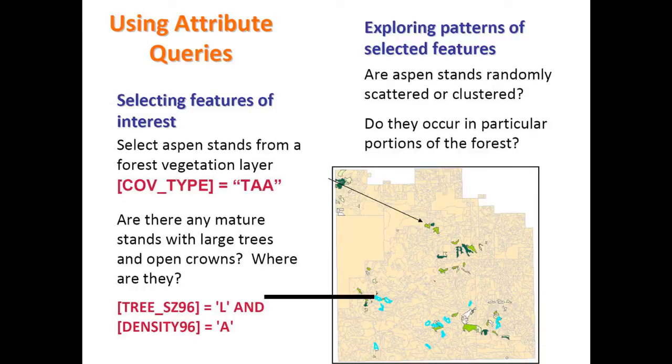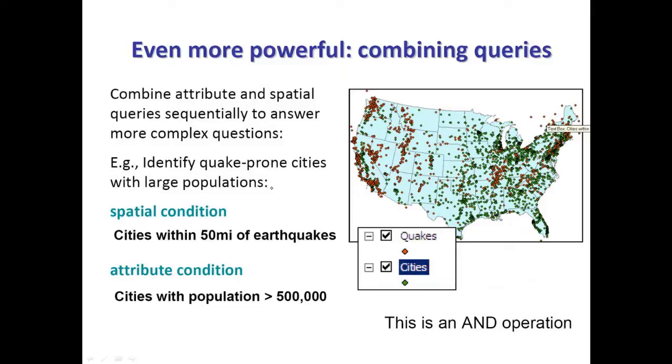It's going to pop up and show us all of those features in our map. We can add multiple queries together. So if we wanted to know about mature trees with open crowns, if those were components that we had in our attribute table, we can query that. So you can see how it's helpful.